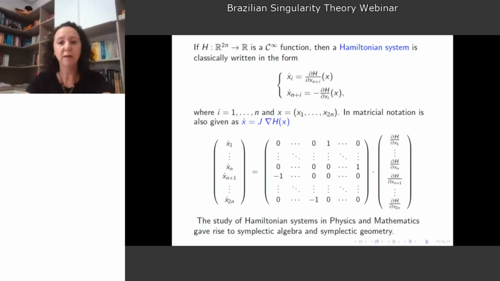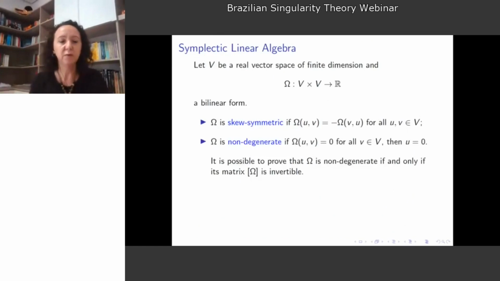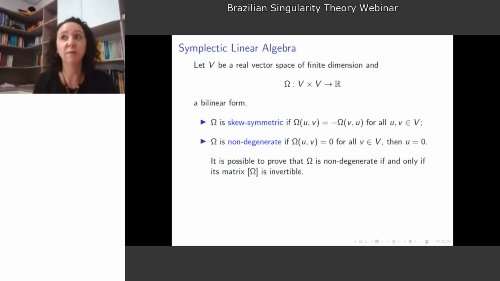Now we no longer consider systems of differential equations, but a vector field defined in terms of a Hamiltonian function. What elements do we need to introduce to define the Hamiltonian vector field?